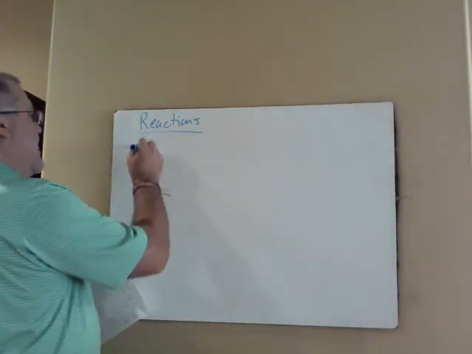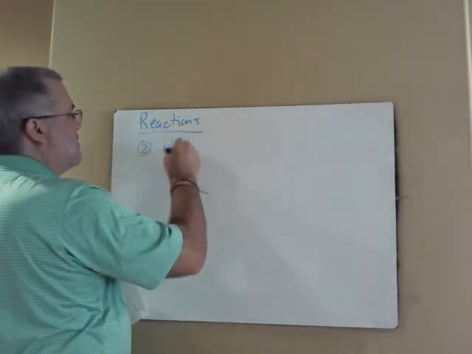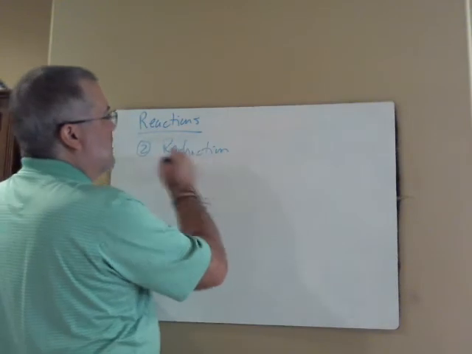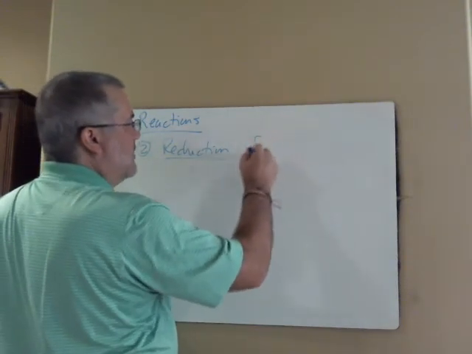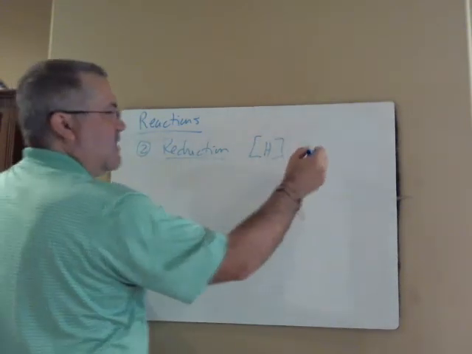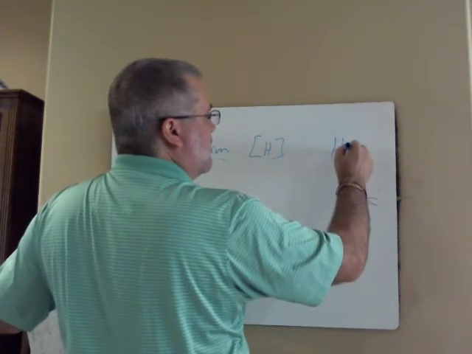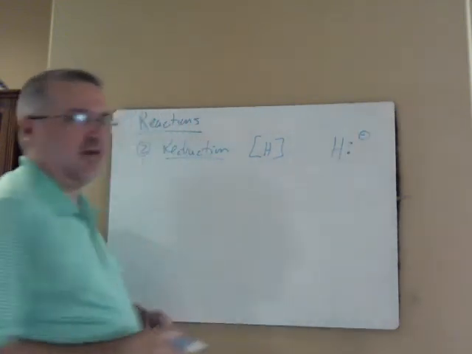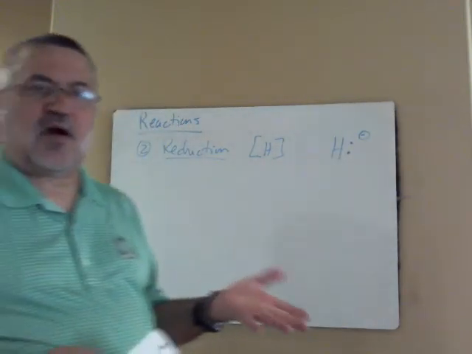Okay, the next reaction we want to talk about is reduction. And we've done reductions before. Remember, we symbolize it H in brackets. It basically means the nucleophile that we're using in the reaction is a hydride.